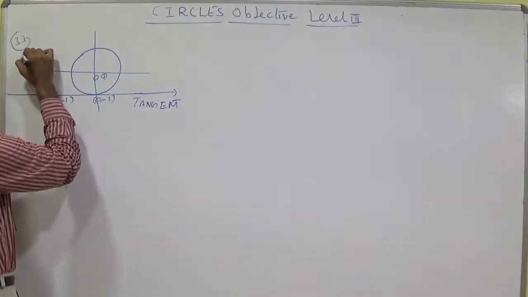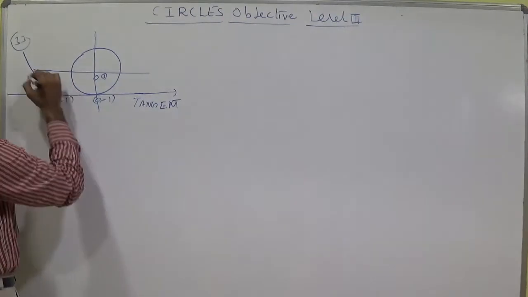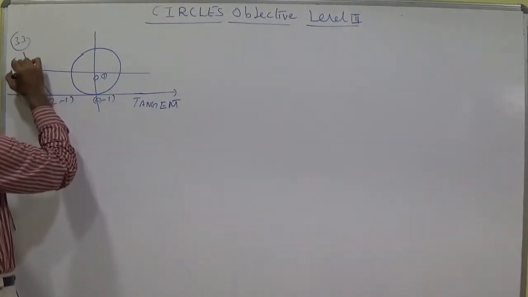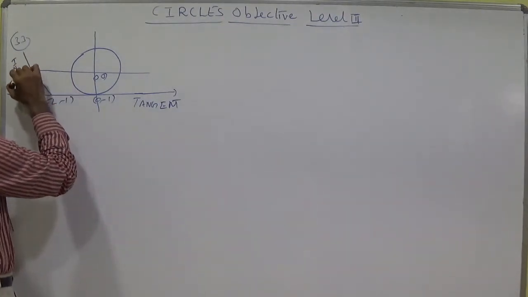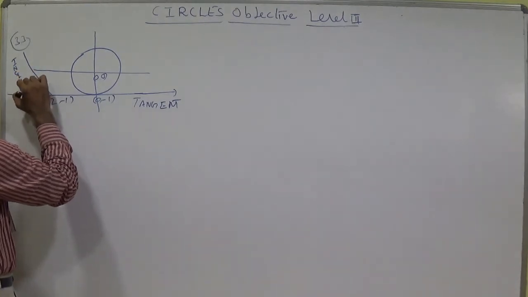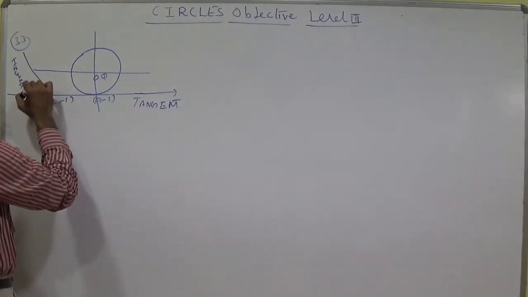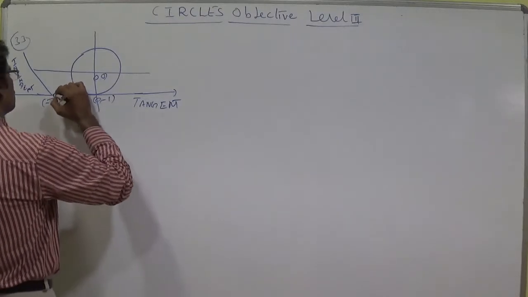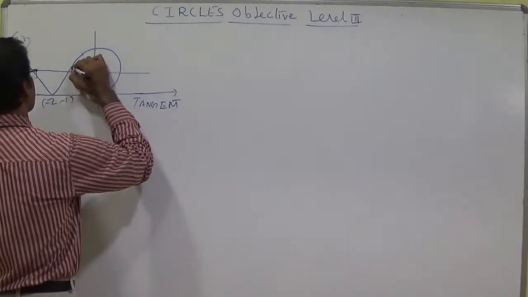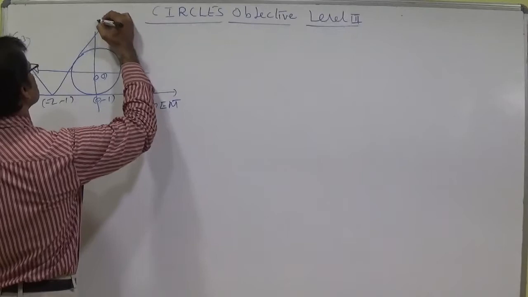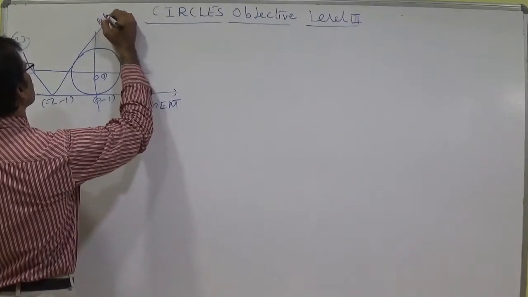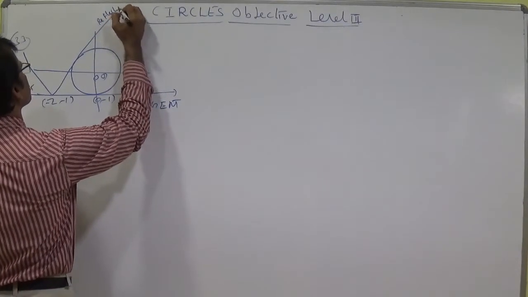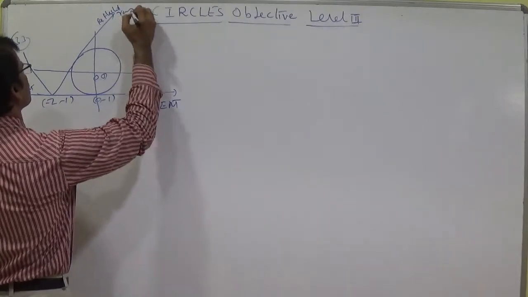Here a ray is formed. This is the incident ray or initial ray, and this is touching the circle like this. This is the reflected ray.